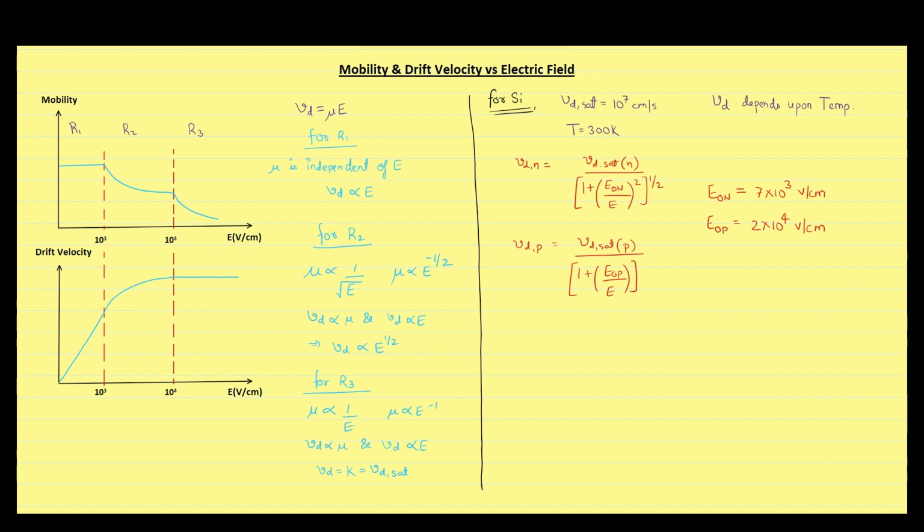For a small value of electric fields, the drift velocity is reduced to... By seeing the formulas at low electric fields, we can see that the drift velocities are linear functions of the electric field.